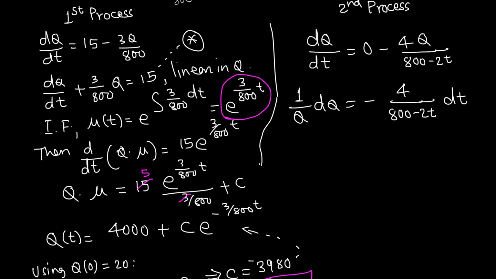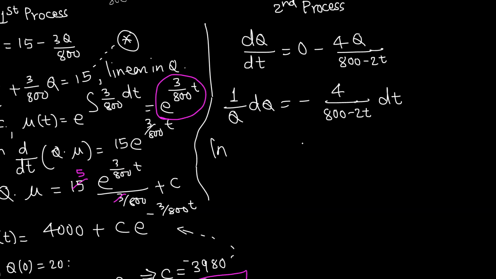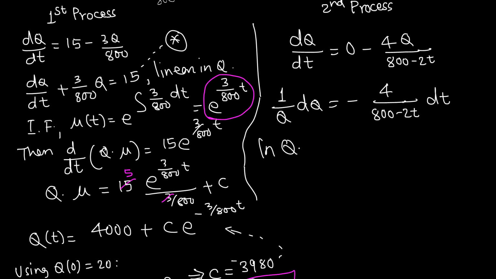Integrate both sides, so ln Q. This Q is a positive thing, this is the amount of pollution, so it's always positive. No need to put absolute value. It is equal to, integrate this, and the derivative of the bottom is negative 2, but we have 4.